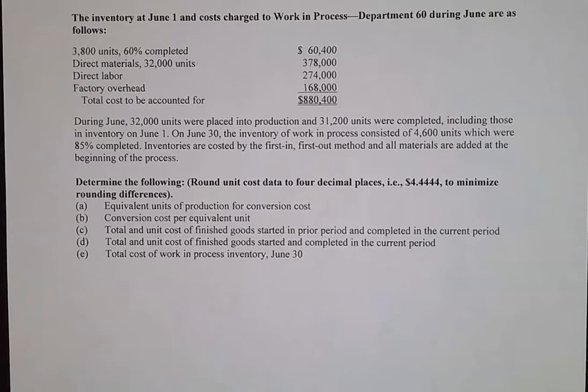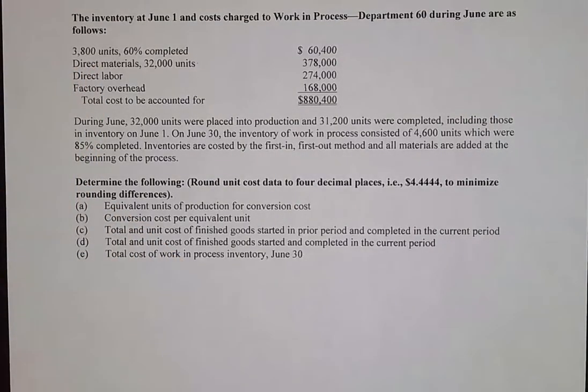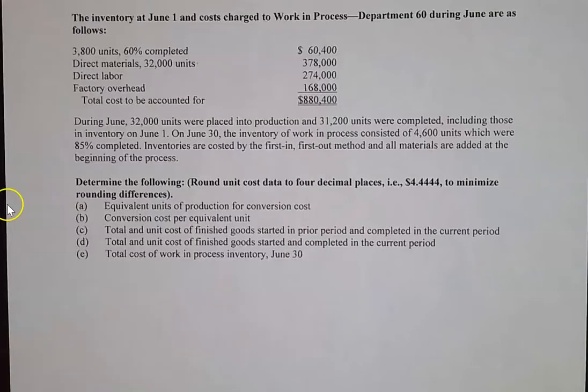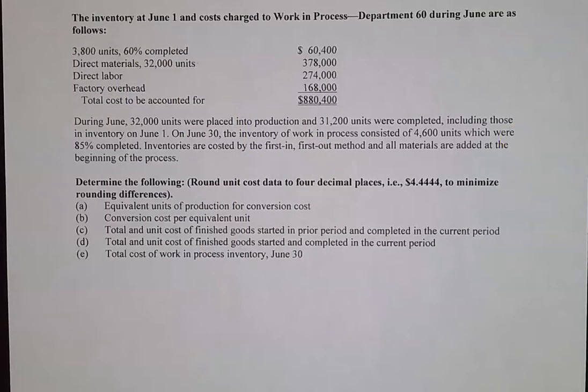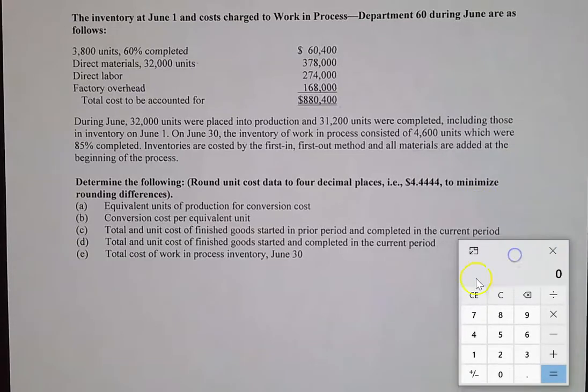Okay, and this is for the period. So the first thing that we have to do is look up here at these 3,800 units that were 60% completed. And I can already tell we're going to need a calculator. So let's get one. Make it a little smaller, please, and bring it over. Okay, very good.